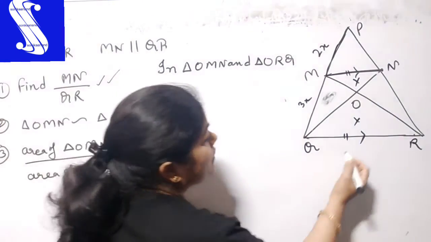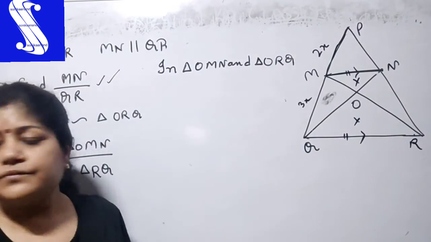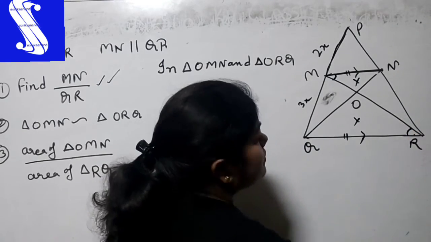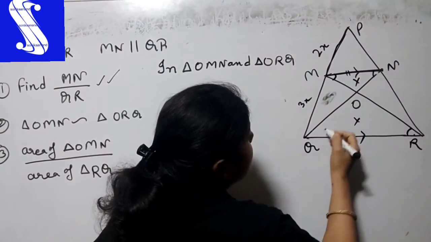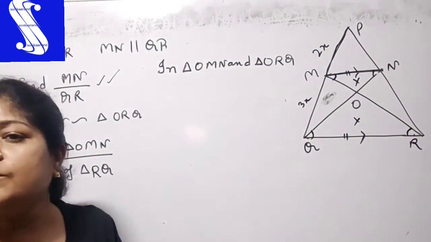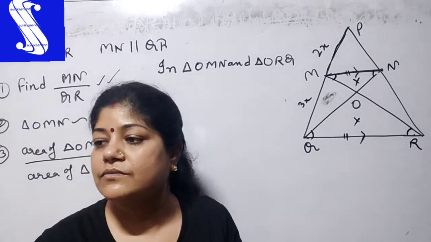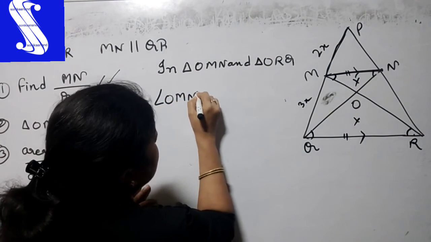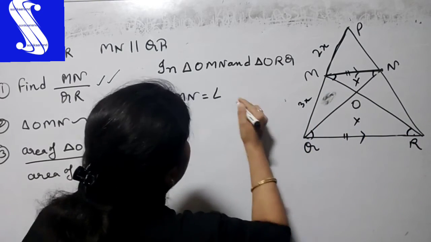As we know, MN is parallel to QR. Okay. So this angle is equal to this one. Alternate angle. Similarly, this angle is equal to this one. Alternate angles. We got two things easily. So these triangles are similar because we have to search only two things. So we write, angle OMN is equal to angle ORQ.